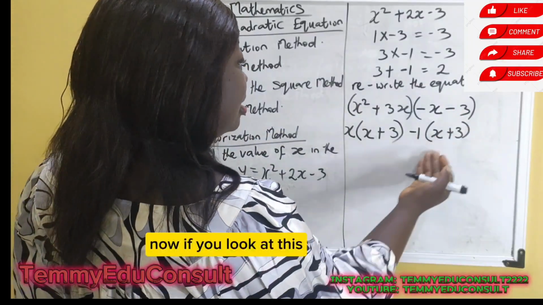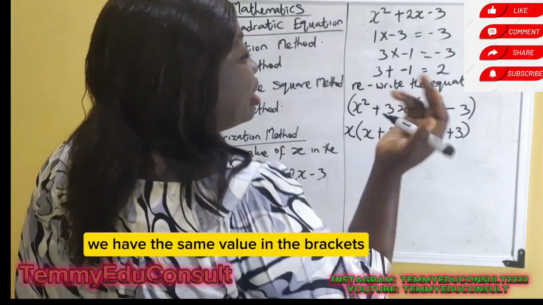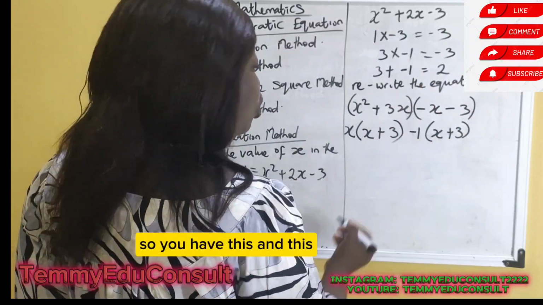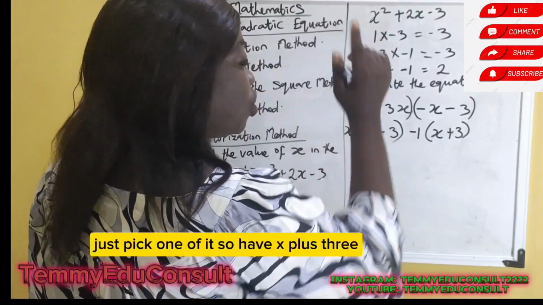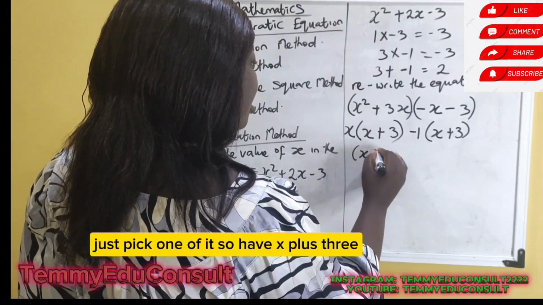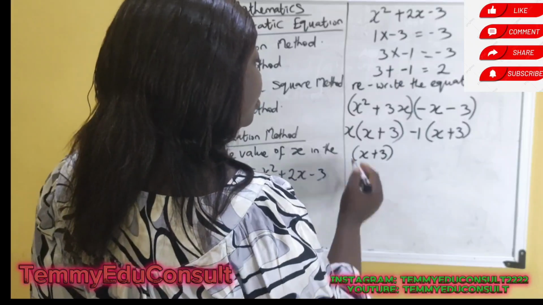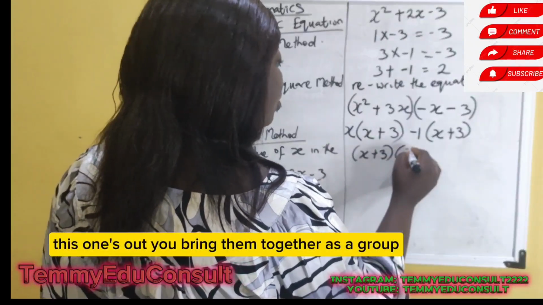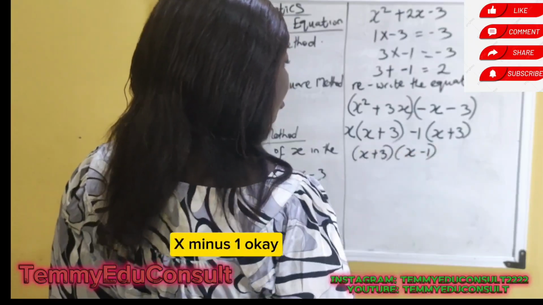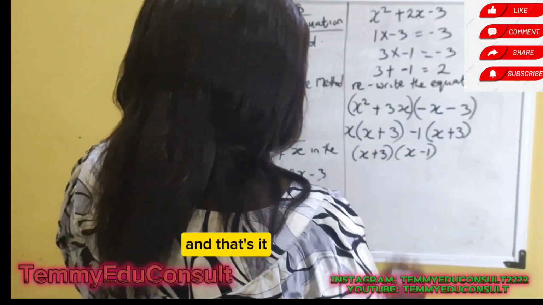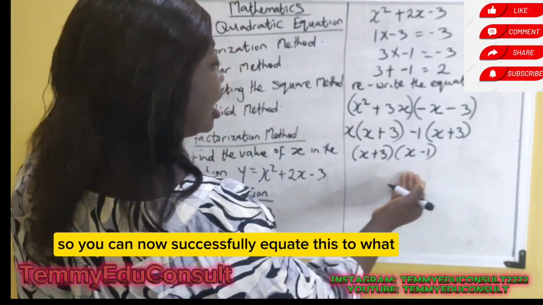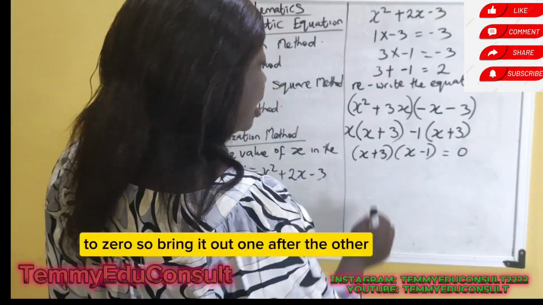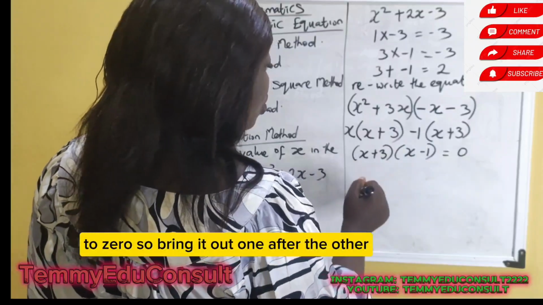Now if you look at this, we have the same value in the bracket, then it means you are almost arriving at a final answer. So you have this and this, just pick one of it. So I have x plus 3. Then once you have written one, these ones out, you bring them together as a group, x minus 1. Okay, and that's it. So you can now successfully equate this to what? To 0. So bring it out one after the other.